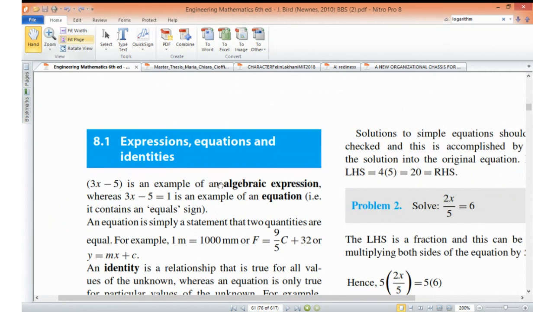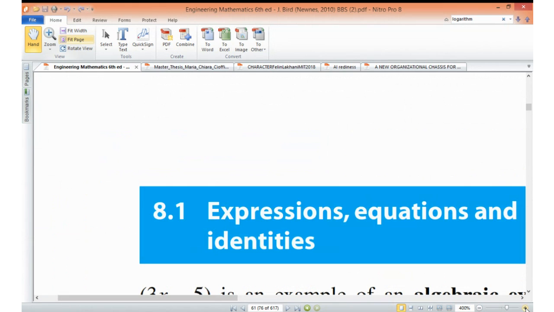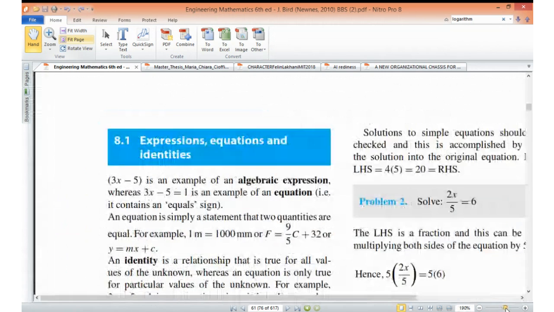That's what makes an equation be called an equation. So it relates different identities, or what we call terms in mathematics.